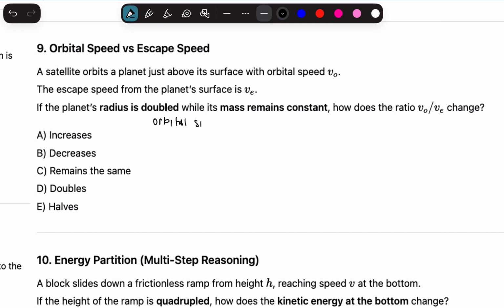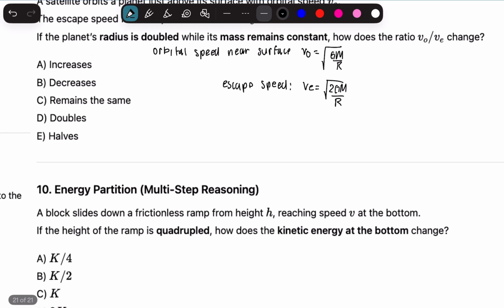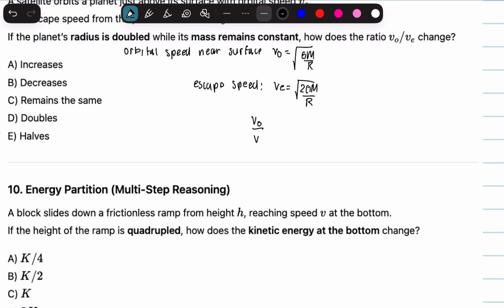So what you need to know is that orbital speed near the surface is going to be v initial equal to the square root of GM divided by R. And also you need to know that the formula for escape speed is just VE, which is equal to the square root of 2 times GM over R. So we can take the ratio of this, which is going to be the square root of GM over R divided by the square root of 2GM over R. That's going to be 1 over the square root of 2.